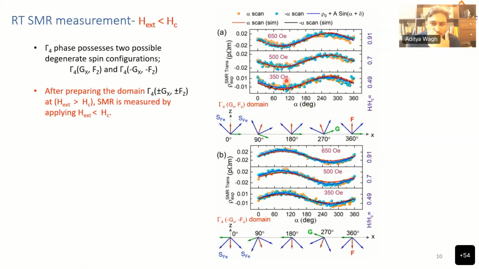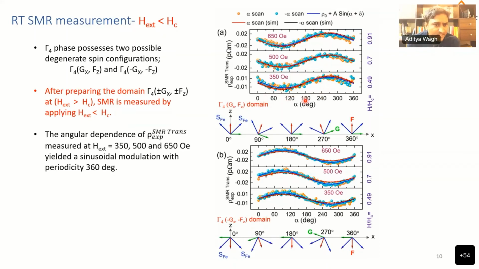One use of such a 360 degree periodic signal is that the signal here and here is exactly opposite. So if you want to make magnetic sensors where you want to know the magnetic field direction, up or down, then such SMR measurements on such domains can be helpful.